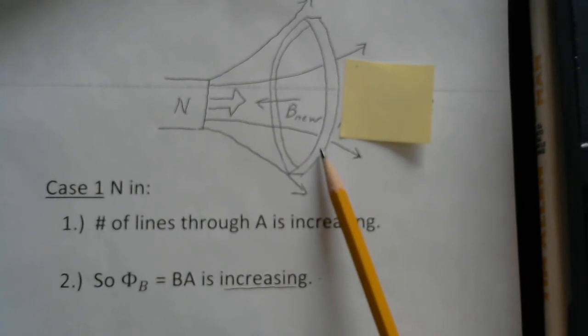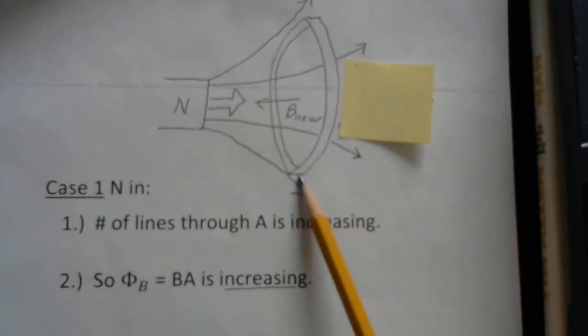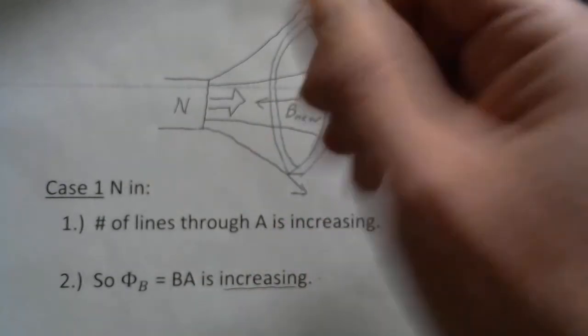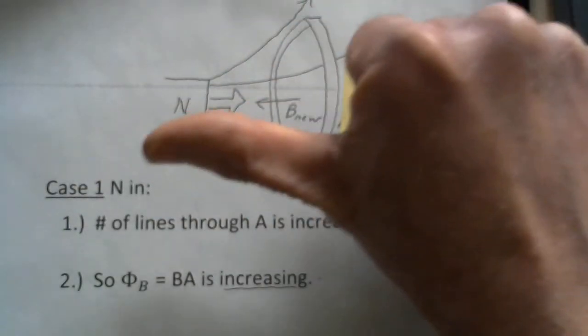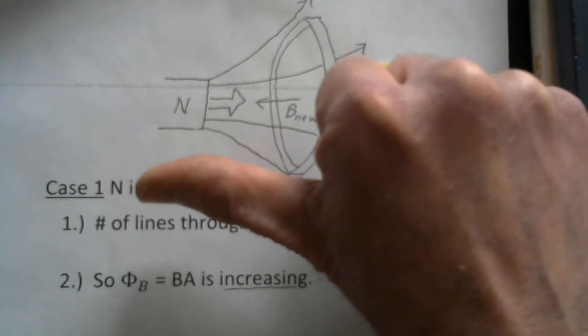So remember with my perspective that I've drawn here, this is the close side of the loop, this is the far side of the loop. And I've got a magnetic field that points that way. The thing that I should be pointing with is my thumb. Thumb points this way in the direction of the new magnetic field.